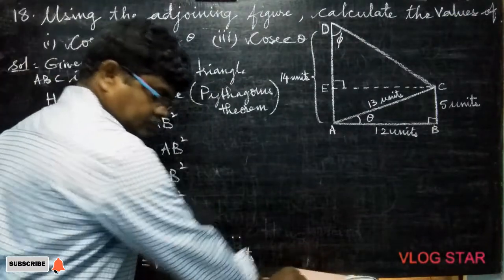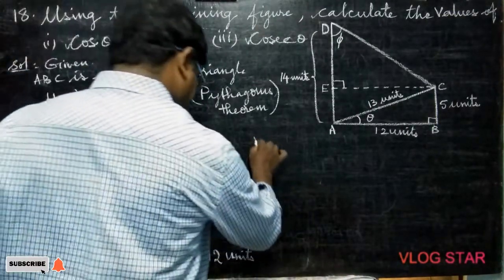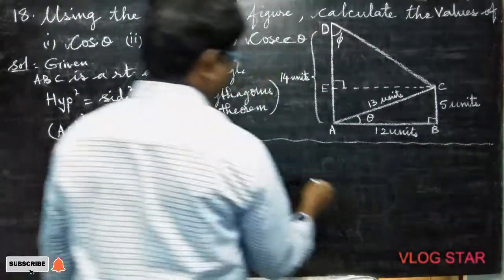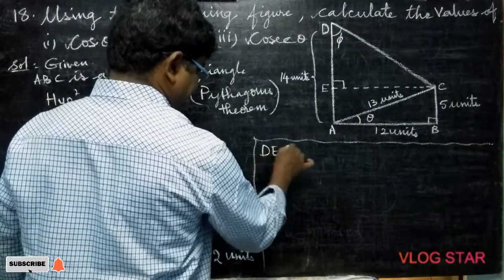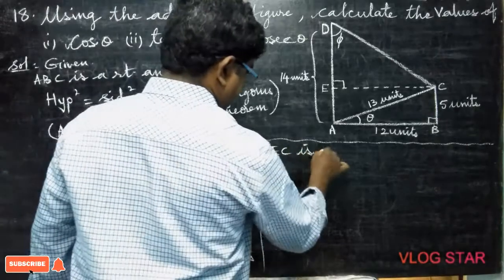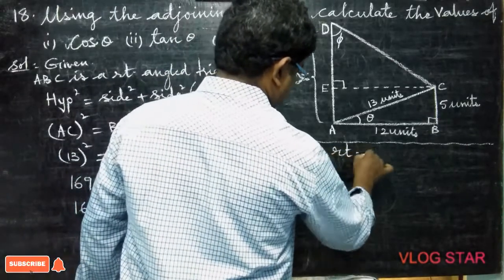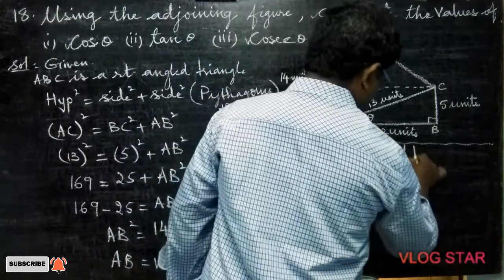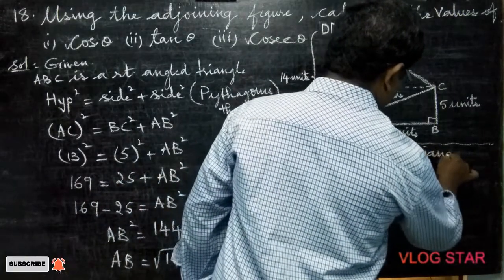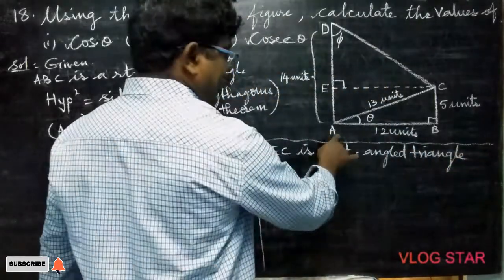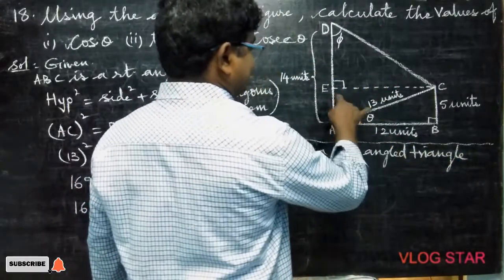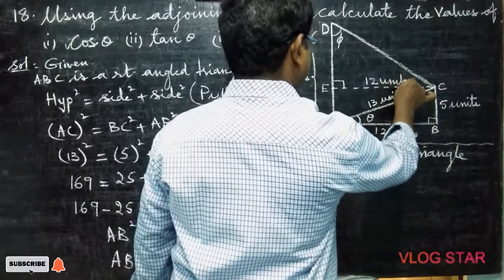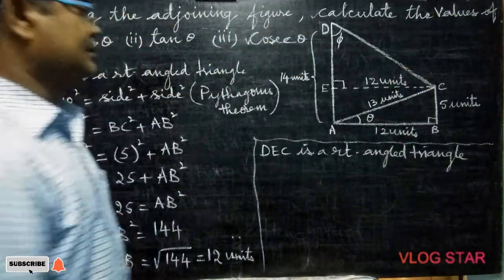Next one. Which right angle triangle? DEC is a right angled triangle. Here AB how much we got? 12 units, means EC also 12 because parallel and equal.